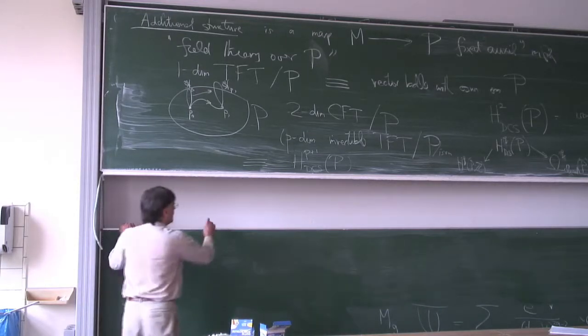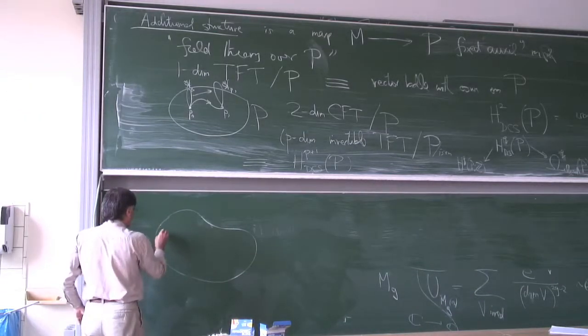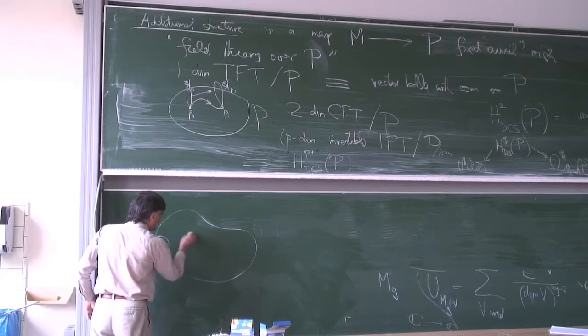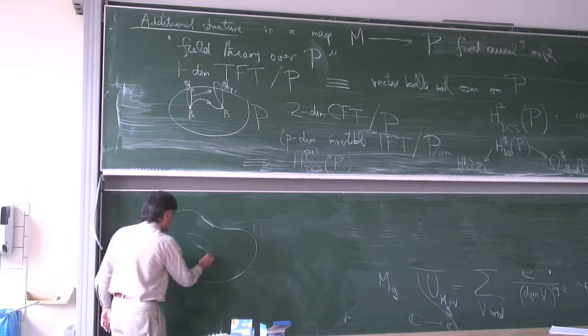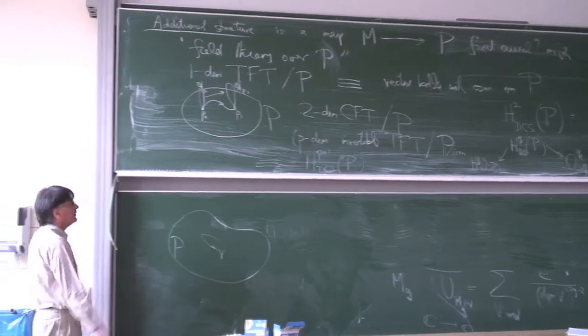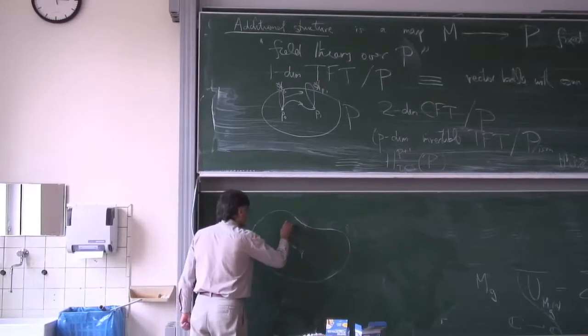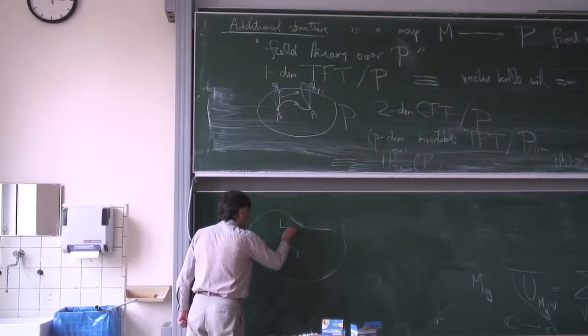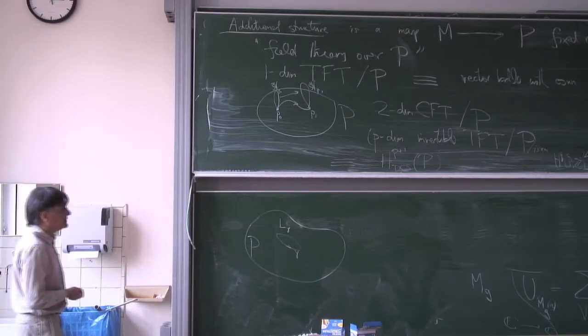Well, certainly among other things, whenever you have a loop in P, let's say gamma, it has to give you, because it's an invertible theory, a one-dimensional vector space. Let's call it L_gamma. So it gives you a complex line bundle on the loop space.